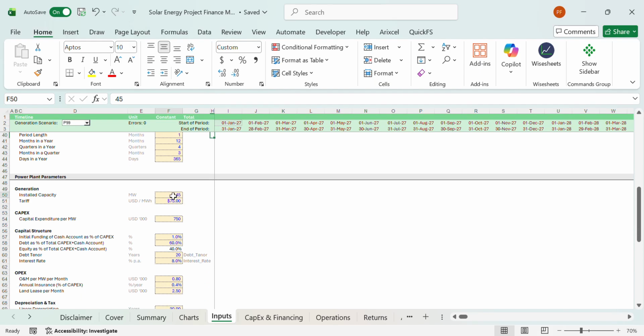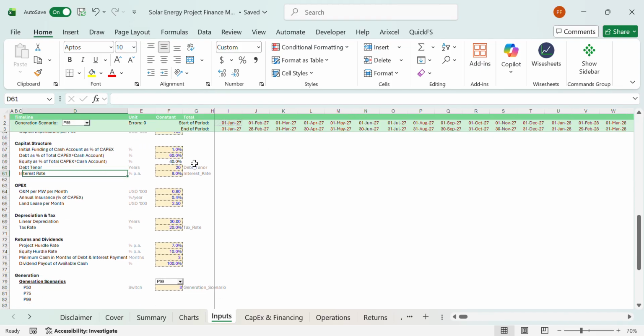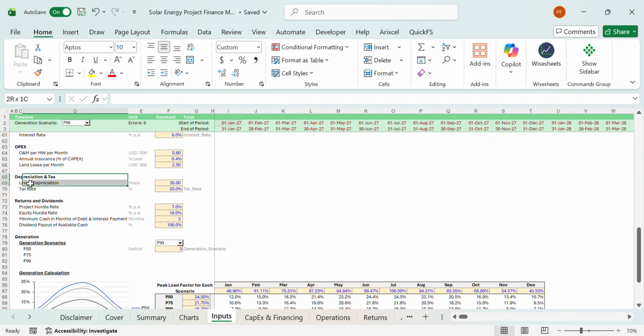Then installed capacity in megawatts, the tariff, US dollars per megawatt hour, capex per megawatt, capital structure metrics like initial funding of cash account as a percentage of capex, and so on, debt, equity, debt tenor, interest rate, OPEX, depreciation and tax, returns and dividend, project hurdle rate, equity rate, and so on. So we can select everything here.